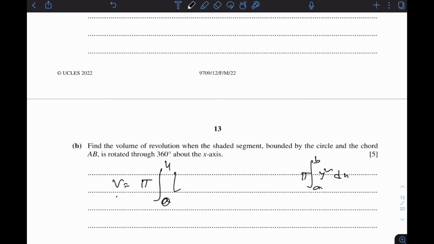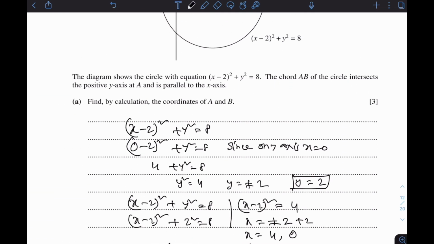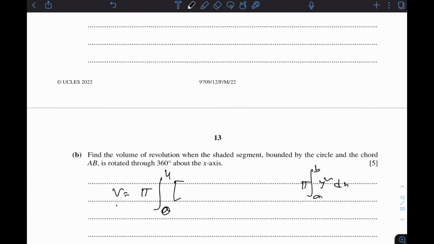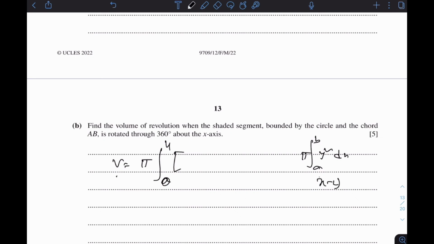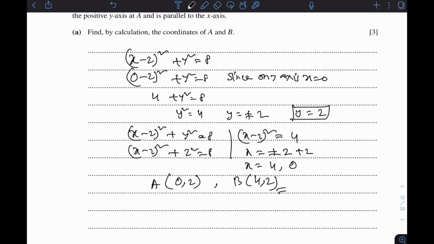Let me start with y square, I mean the curve. We know x minus 2 whole square plus y square equals 8.